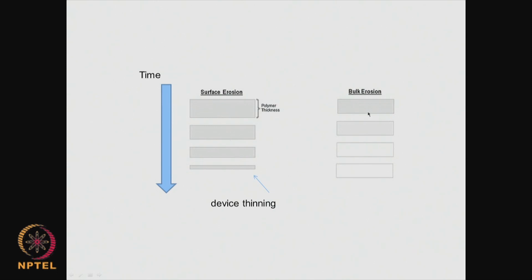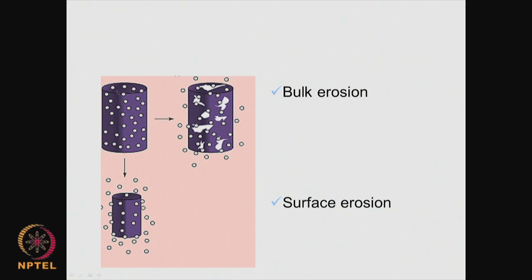In bulk erosion the material may break into pieces, form pores inside, or break at various places, getting chipped. So depending upon the situation, even depending upon the thickness of the material, it could have surface erosion or bulk erosion. Pictorially we can show it like that: surface only, and the surface material gets degraded.